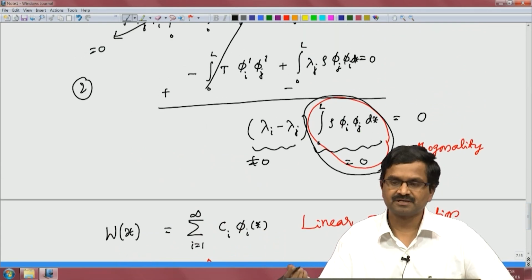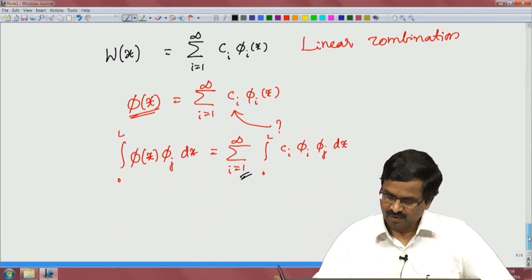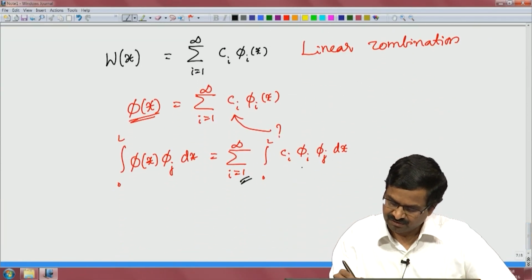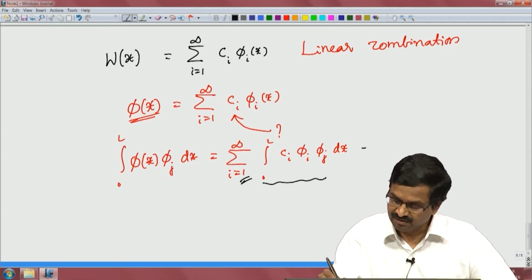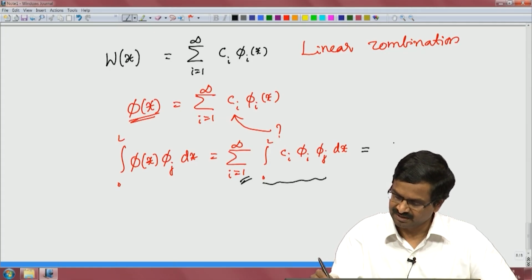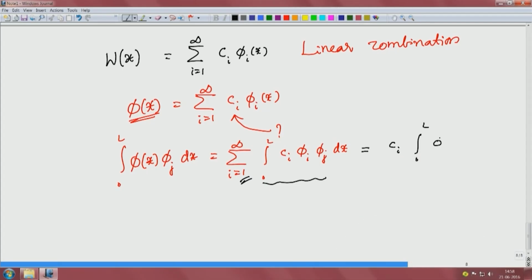Okay. Rho is just a constant. So, whenever I is not equal to j, this integral is going to 0. So, only non-zero term that will be there will be Ci 0 to L phi I square dx or phi j square, here phi j, because I am taking j.